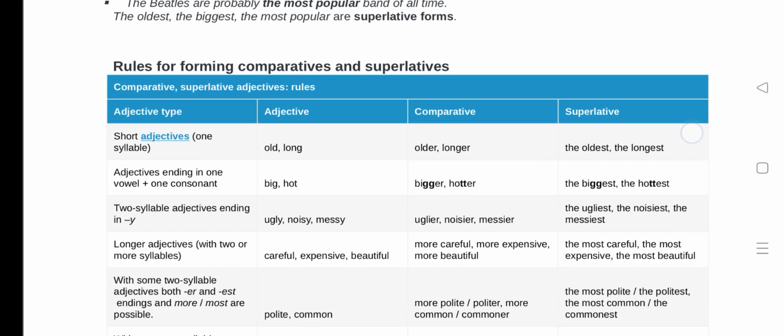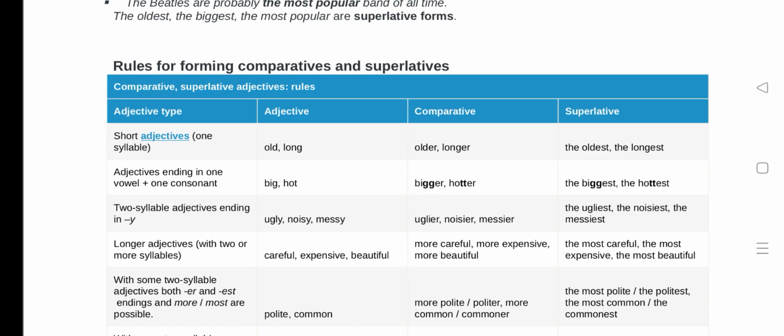Let's see the rules. We have some rules for forming comparative and superlative adjectives. Adjective type, adjective, comparative, and superlative. A short adjective is one syllable.